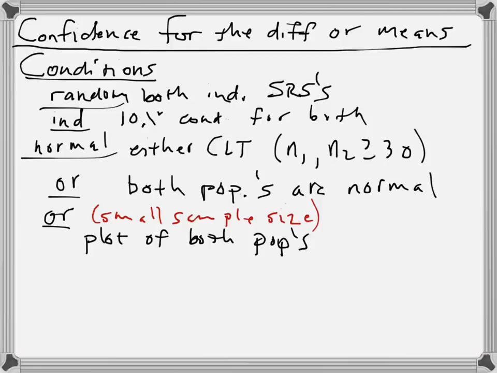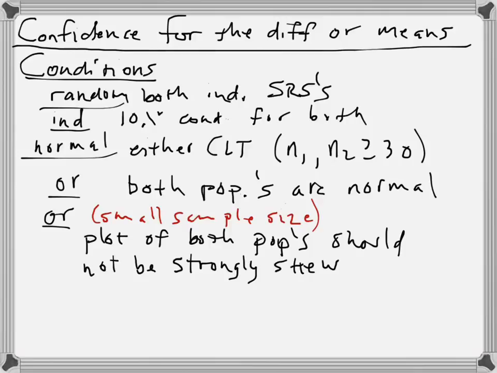A graph of both populations should not be strongly skewed, nor have outliers. Okay, if so, go ahead and pause it if you need more time.